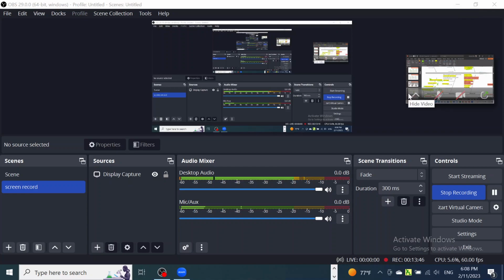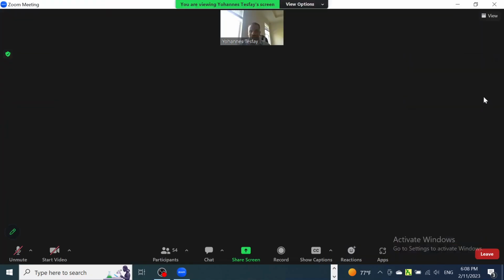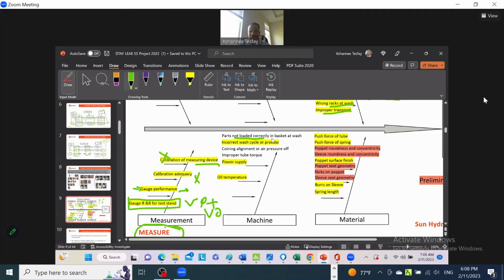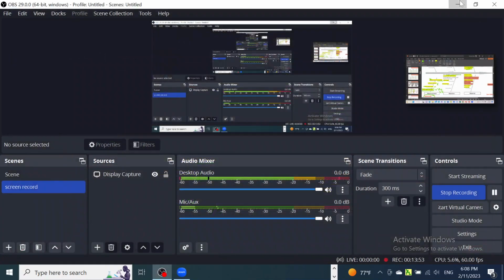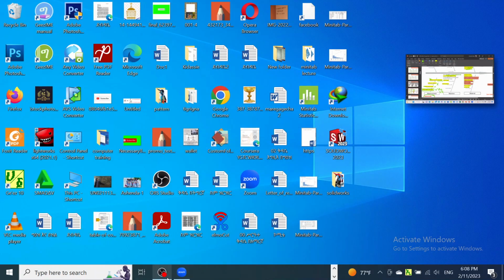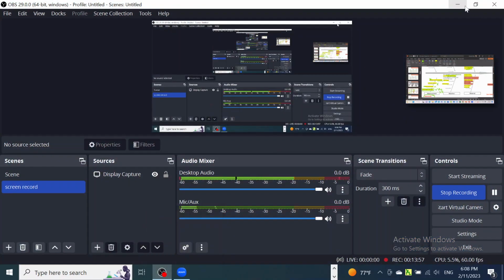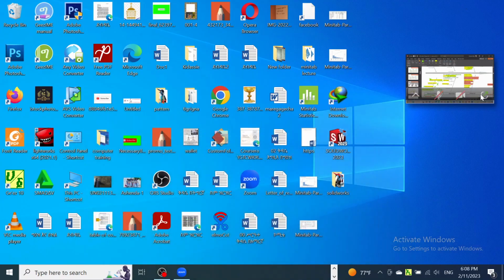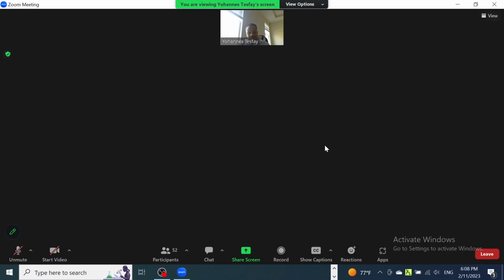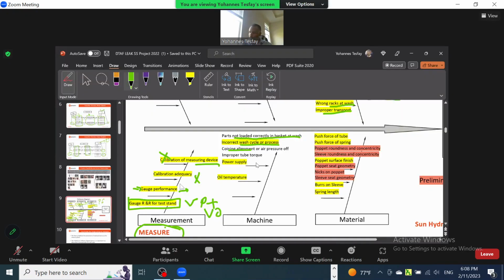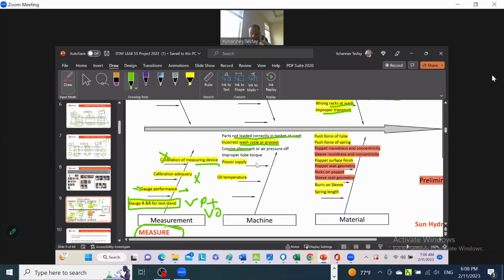This one, the machine: parts not correctly loaded to the wash, incorrect water cycle, coining. Coining is a process where there is a ball, and that ball is very rough inside.